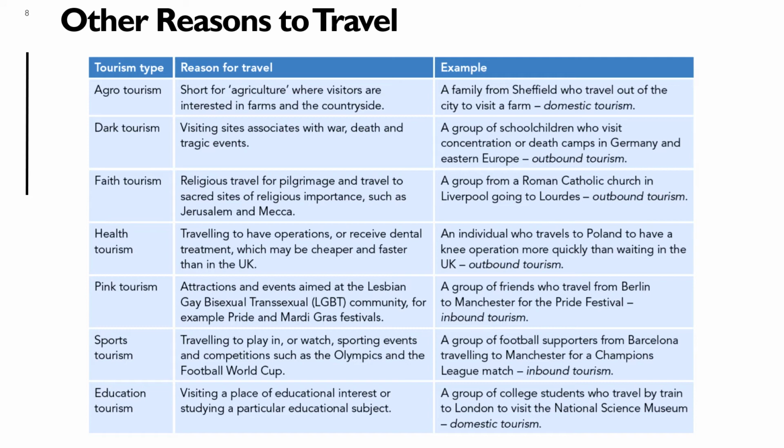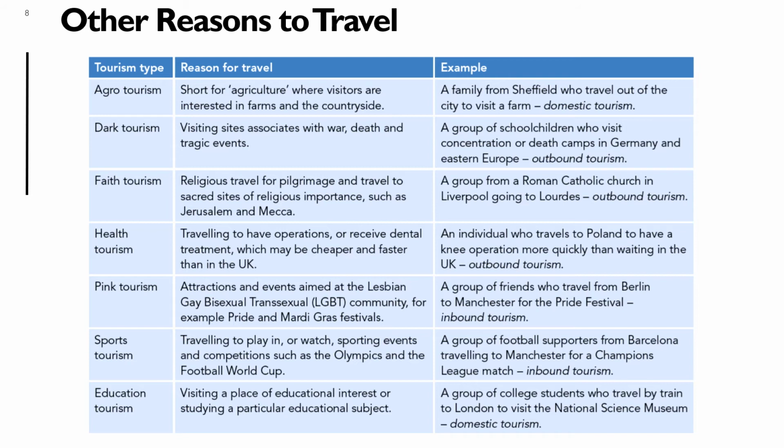I also put here other reasons to travel. For example, agrotourism, where visitors are interested in farms and their countryside. And also there's dark tourism, tourism associated with war, death, and tragic events.